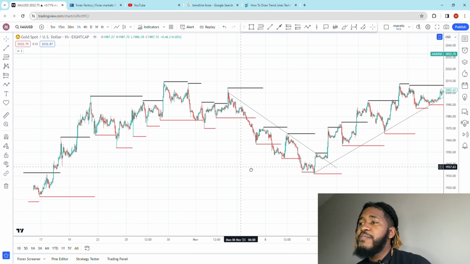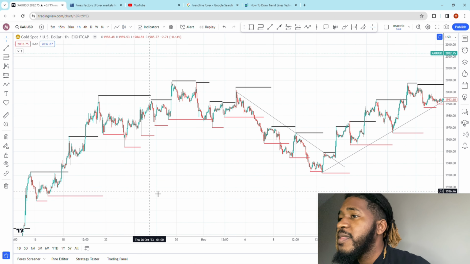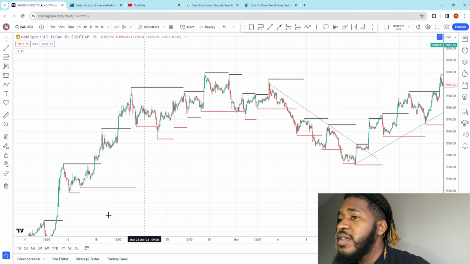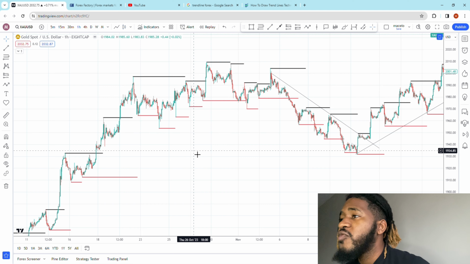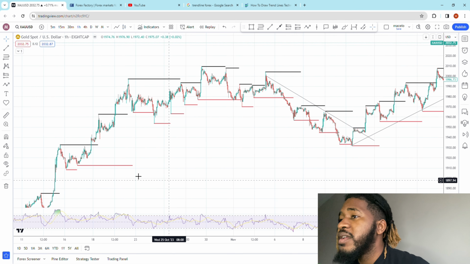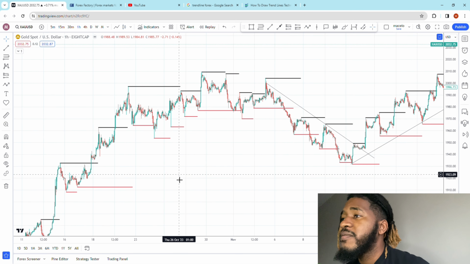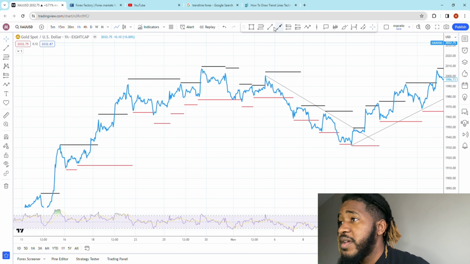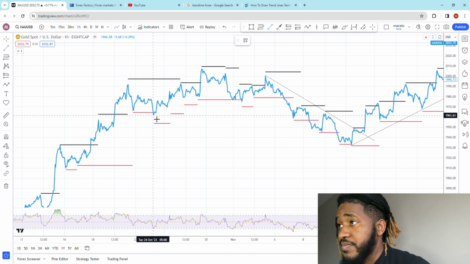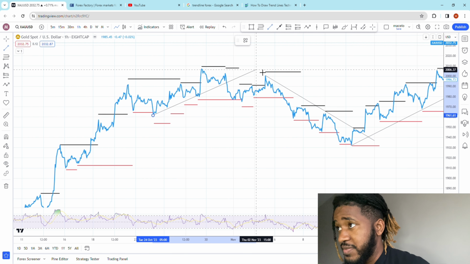Many people also think that a trend line should start all the way from the swing low all the way up, where sometimes a trend line could start in the middle of a trend. So for example, this right now would have been in the middle of a trend.